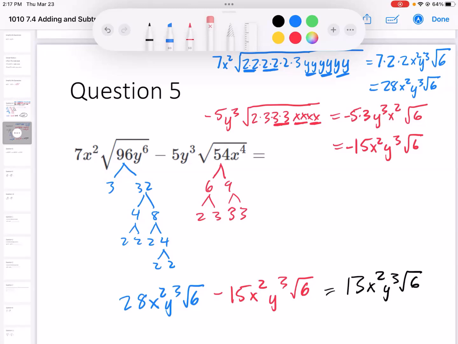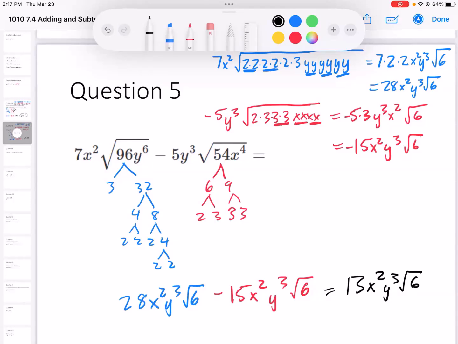Okay, in the chat, it said y cubed plus y cubed. Yeah, so we're not adding y cubes together. In the chat, they asked why you don't go y cubed plus y cubed equals 2y cubed.